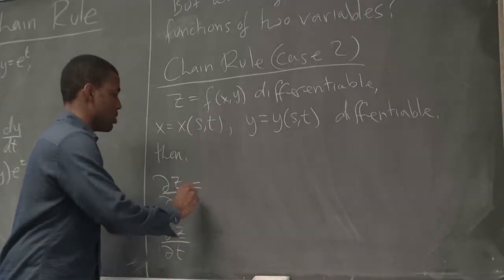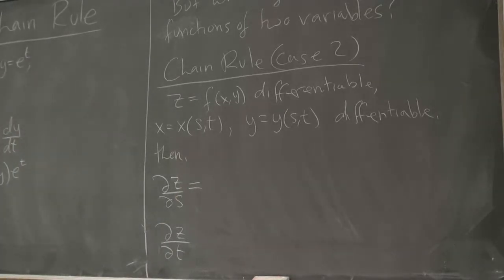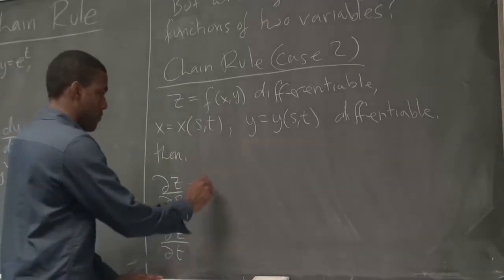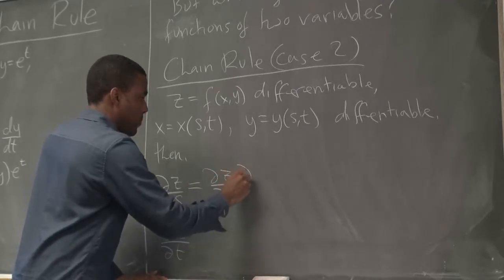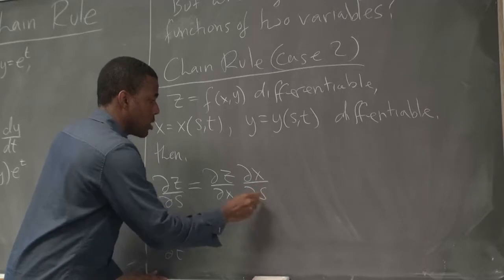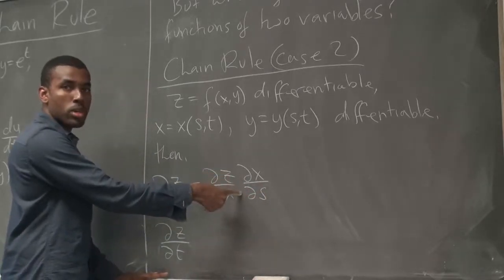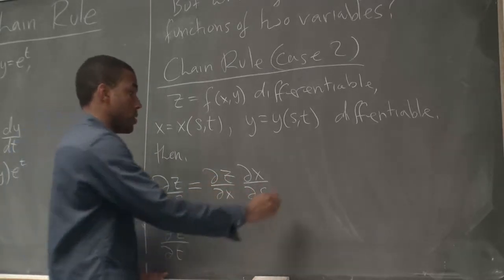Now how are you going to guess you do it with this one? So it's basically partial z, partial x, partial x, partial s. Notice here you have a partial here as well because your x is a multivariable function.